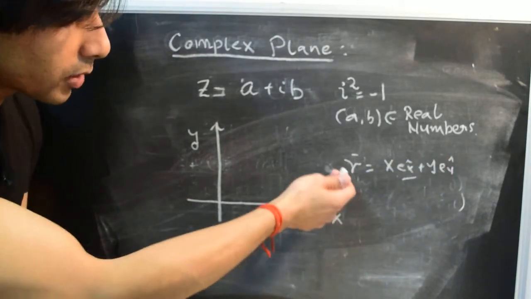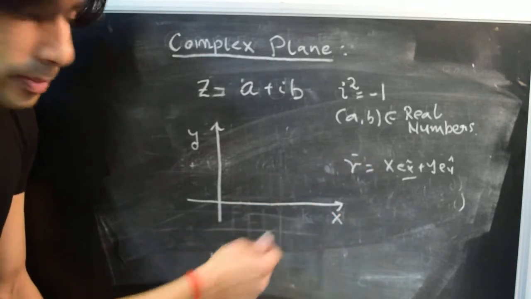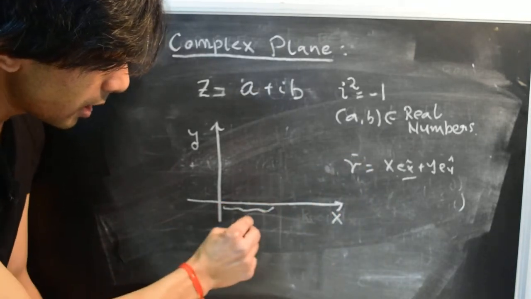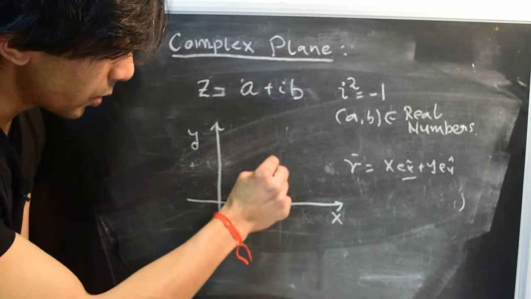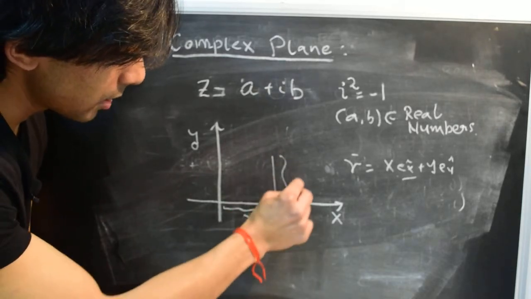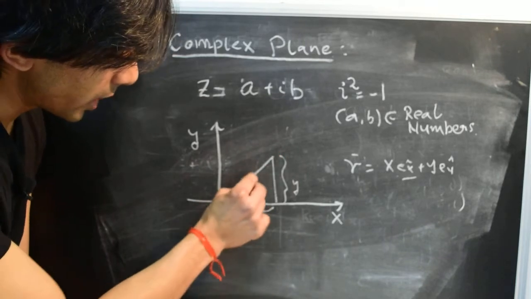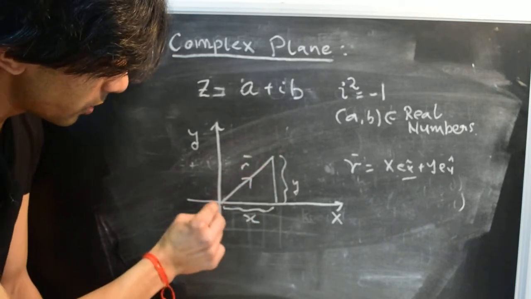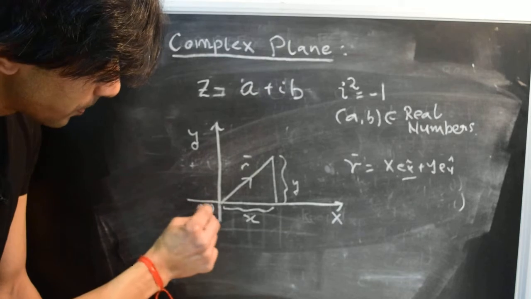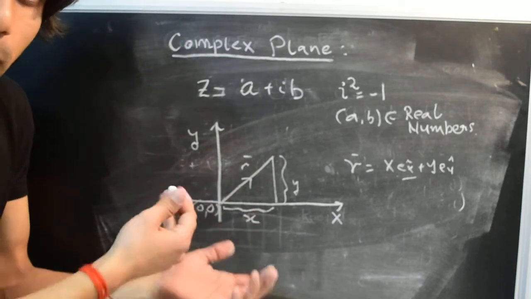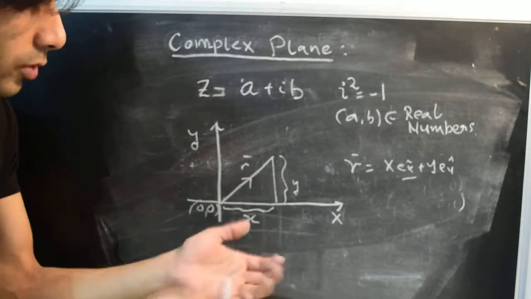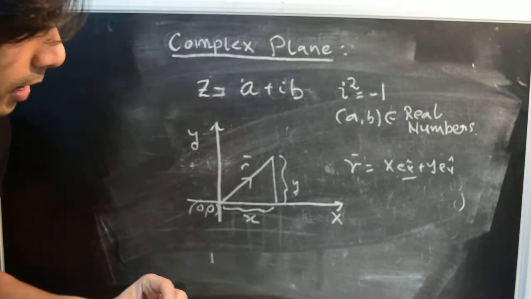If you are to label a vector r on a Cartesian plane, then we move x units along the x-axis and then y units along the y-axis, and then label this as the vector r, where this is the origin, (0, 0). So this is the typical representation of a two-dimensional vector on the Cartesian plane.